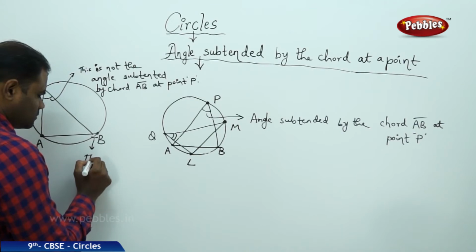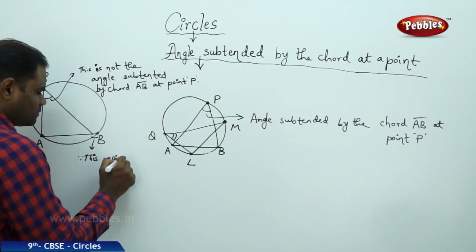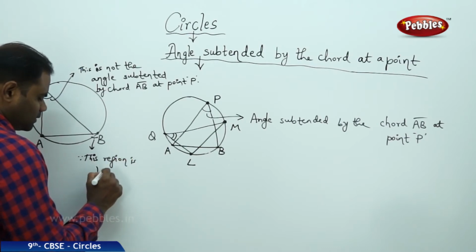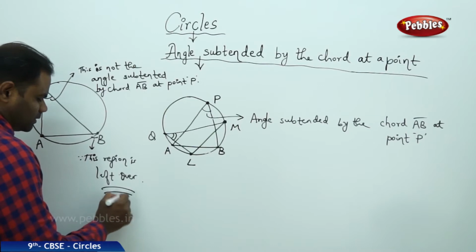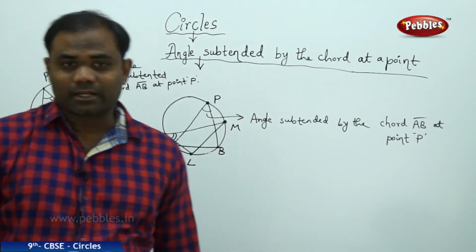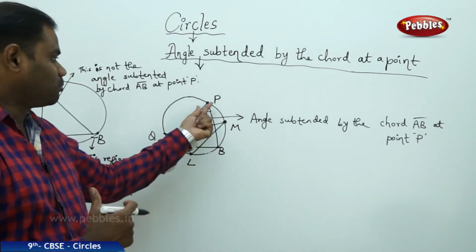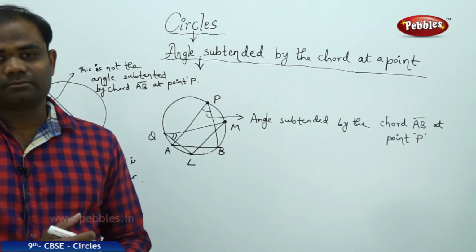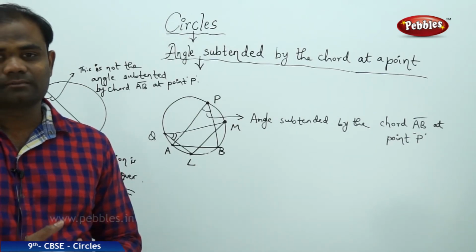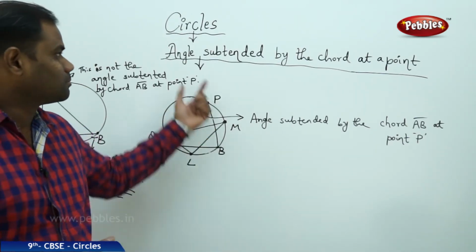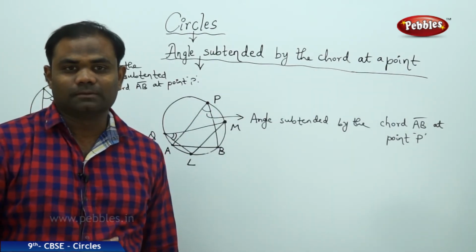This is how I understand the angle subtended by the chord at any point. It can be on the circle or otherwise. Angle subtended by the chord at a point for the given circle.